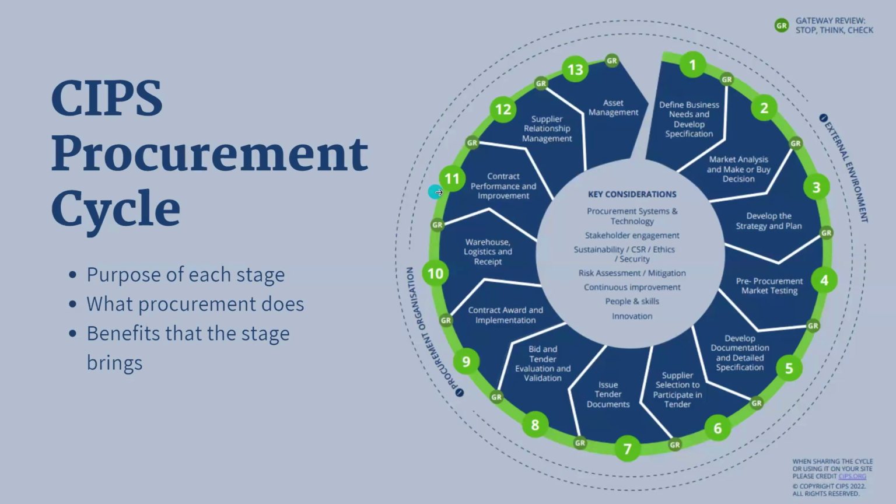Or stage number 11, where we can manage the contract and incentivize or disincentivize certain behaviors. Or stage number 12, where we can engage with the supplier and require them to do better, and of course with some benefit as well.